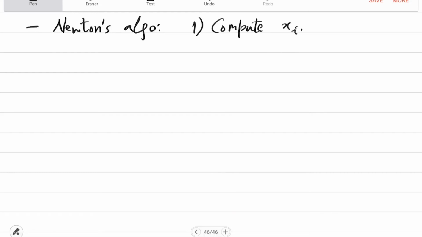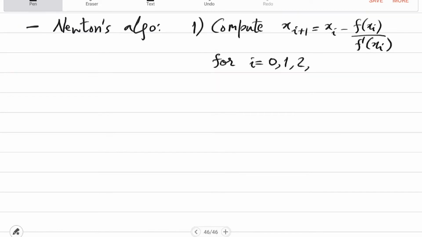So you compute xi plus 1 equal to xi minus f(xi) over f prime(xi), for i equal to 0, 1, 2, till f(xi) is small enough.